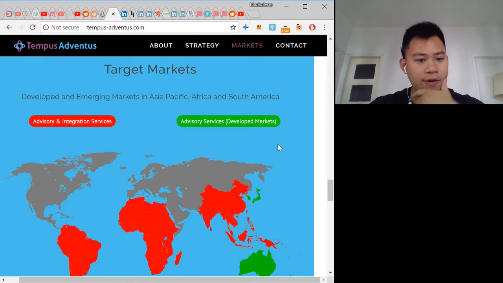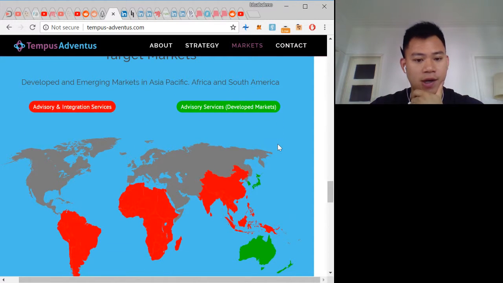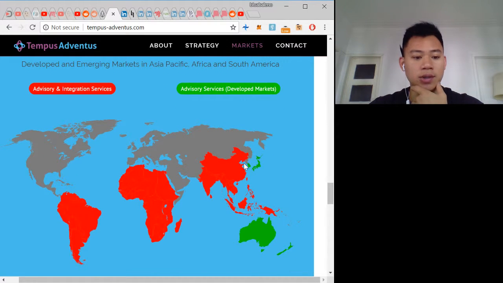Okay, so here are the target markets, and you can see that these target markets overlap with Rob's background at CBA. That is China, Indonesia, South Africa, and I guess the entire African continent, and also South America, surprisingly. Yeah, Vietnam, Indonesia. Okay, so interesting.